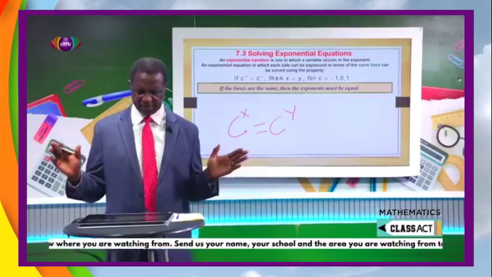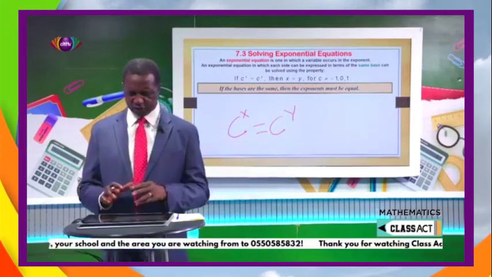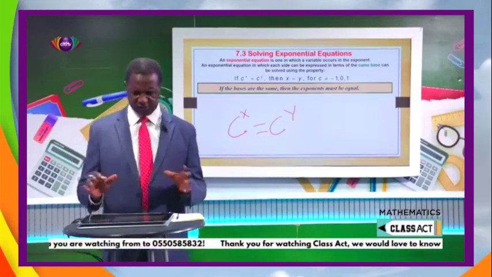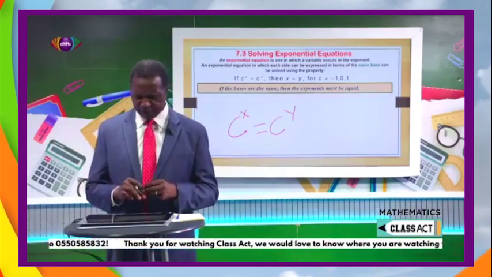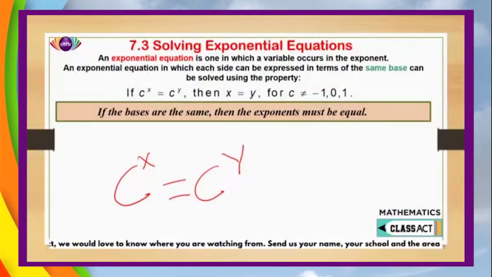It's as simple as that. x equals y for every c, from -1, 0 to 1.